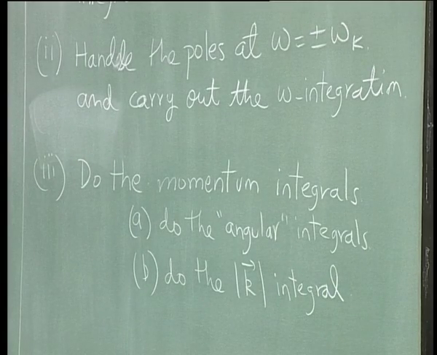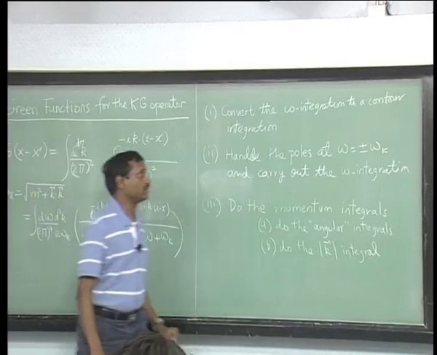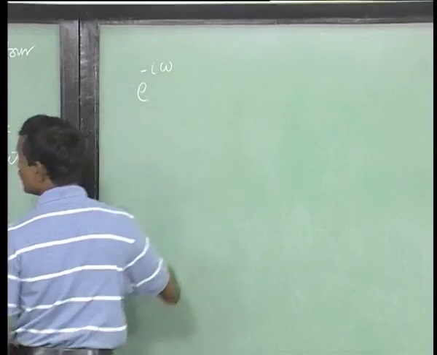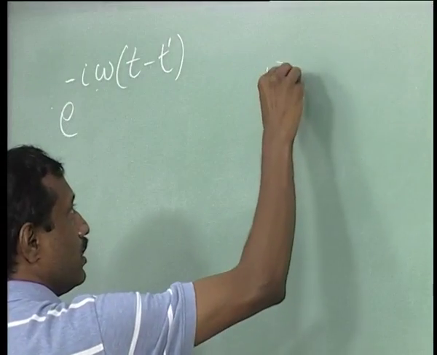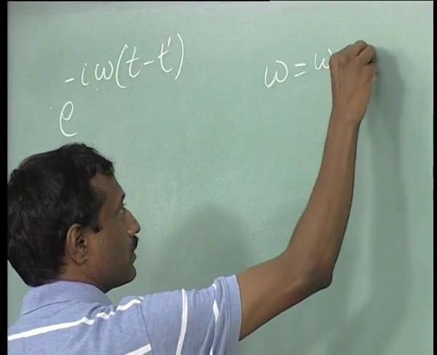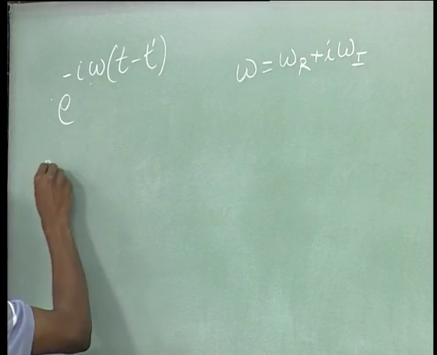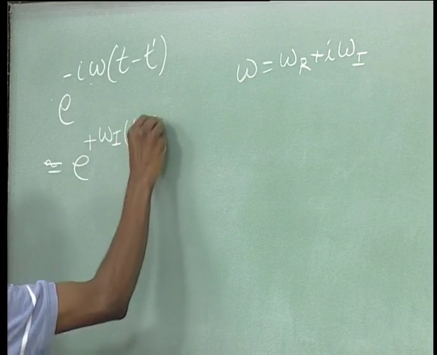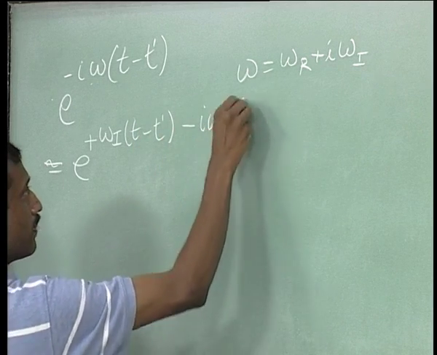Okay. And in fact, in this problem all these steps can be carried out, and we have discussed how to do this in the last lecture. We looked at e to the power minus i omega times (t minus t prime), and then we said we should write omega as some real part plus i times some imaginary part. Then this exponential will look like e to the power plus omega imaginary times (t minus t prime), plus an oscillating part, which you know exists.